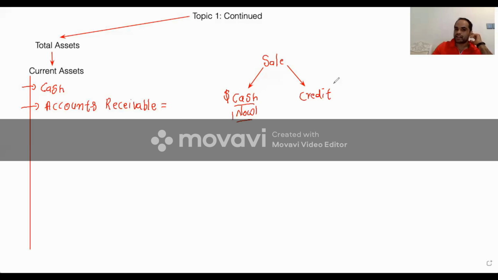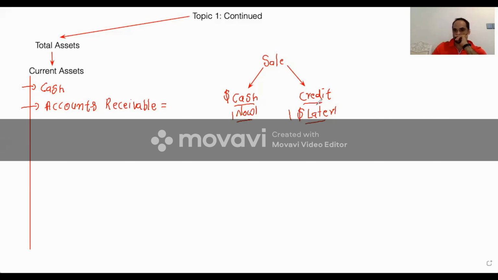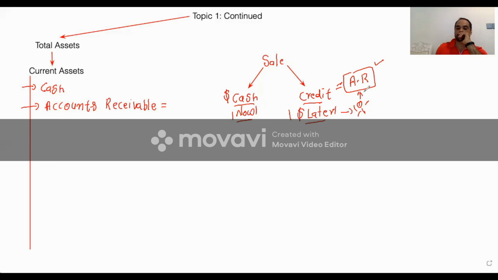In credit sales, the customer pays you cash later. When a customer pays you cash later, that customer becomes accounts receivable. The person who pays you money later becomes accounts receivable.